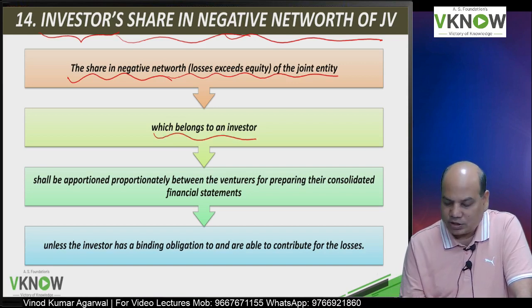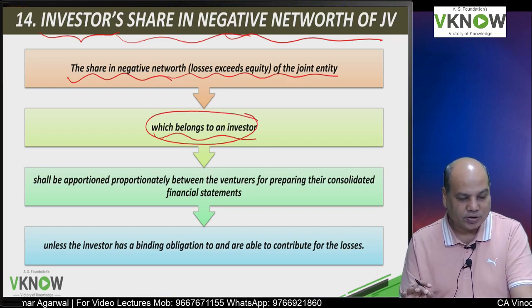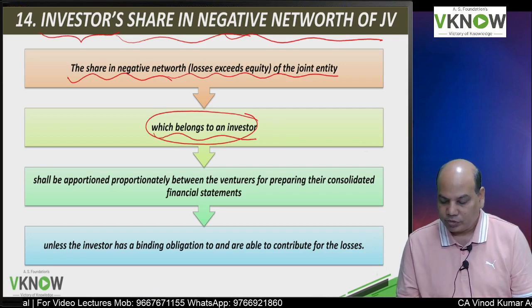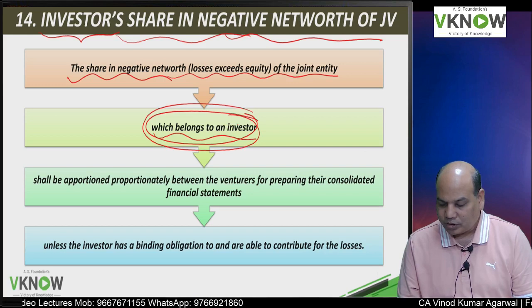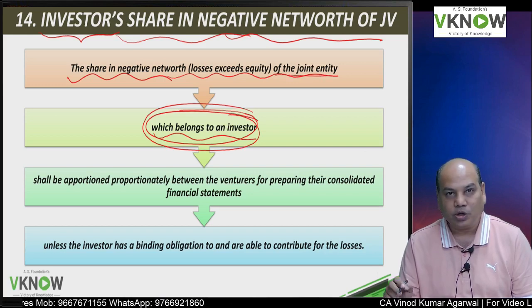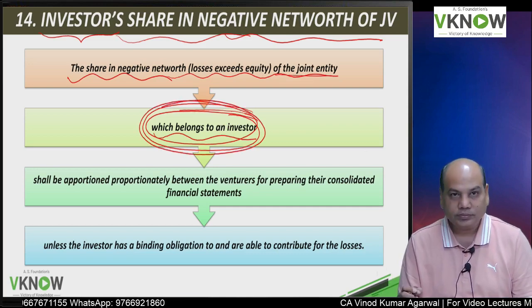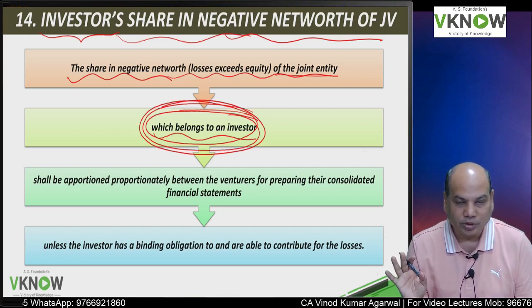Now, what is the maximum loss the investor would suffer? Let us start from the basics. The maximum loss the investor would suffer is his investment. But if the share in the negative net worth, that is losses, exceeds the equity of the joint entity which belongs to the investor, the investor will not pay anything more than whatever capital he has contributed.